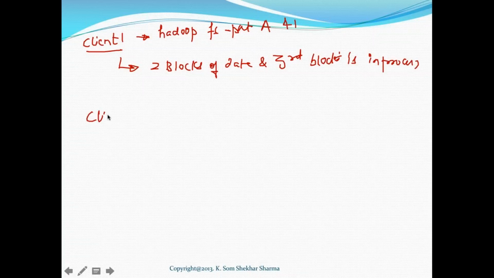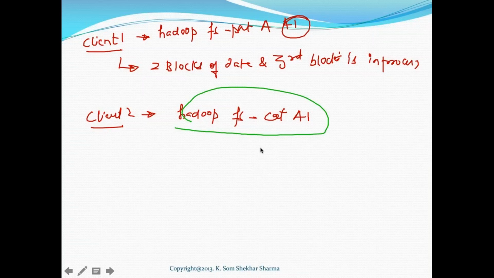And Client 2 says Hadoop fs minus cat a1, the same file. What will happen? Will it be able to read the data, or will it get an exception saying that this data is not complete? Since the blocks of data are written independently, this client will be able to read the data till the completed blocks.